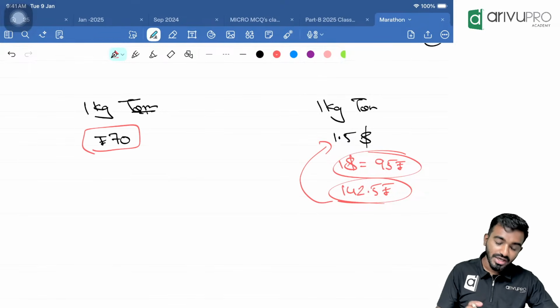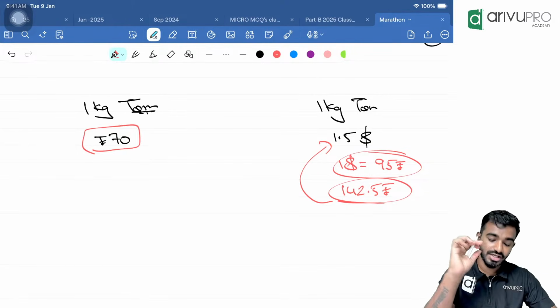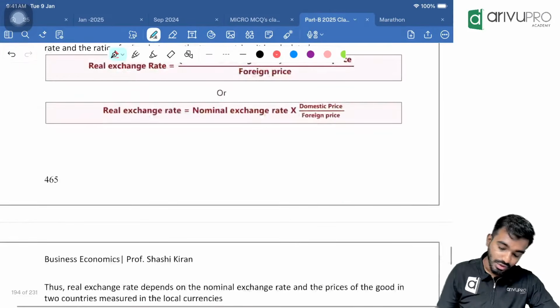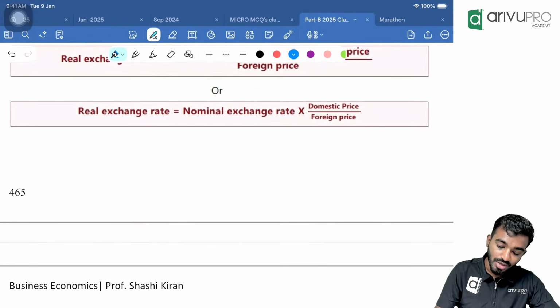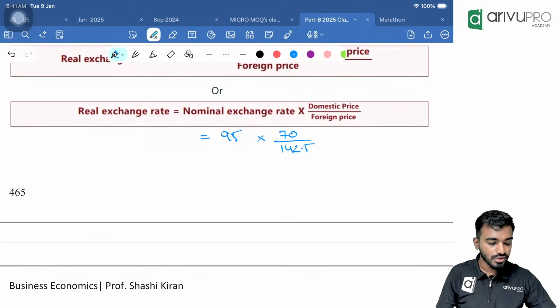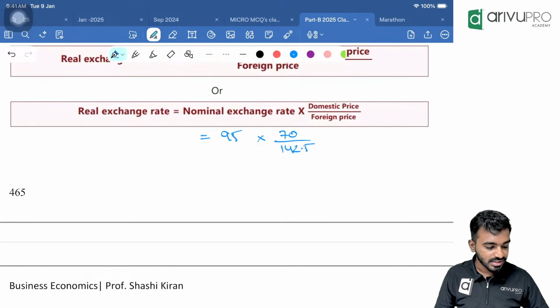So we have to bring it into a common value. That means in terms of goods and services, what is the nation's exchange rate? That is where the real exchange rate formula comes into the picture. Today the nominal exchange rate is $1 equals 95 rupees. In India, the domestic price of tomato is 70 rupees; there it is $1.5, that was 142.5. Now you need to solve this: 95 into 70 divided by 142.5.